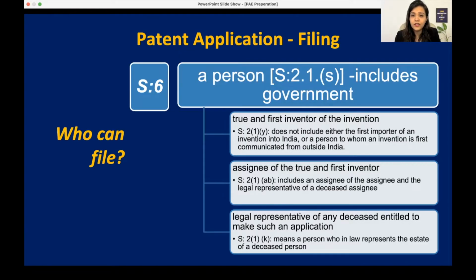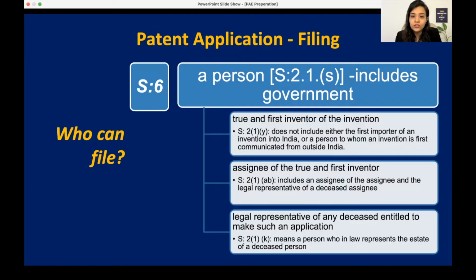In this section, we have 3 subsections, which say a true and first inventor can file a patent for the invention. An assignee of the true and first inventor can file. And third is the legal representative of any deceased entitled to make such application. So these are 3 people who can file a patent for an invention.